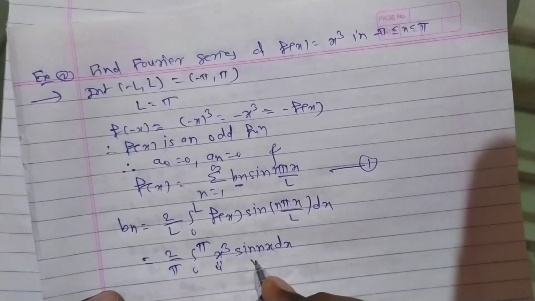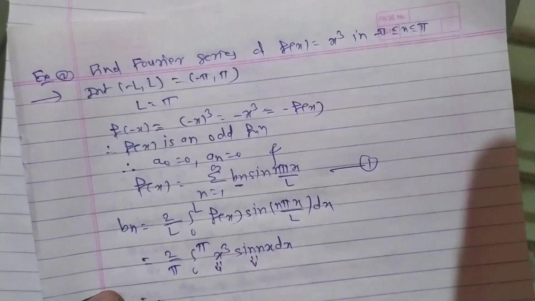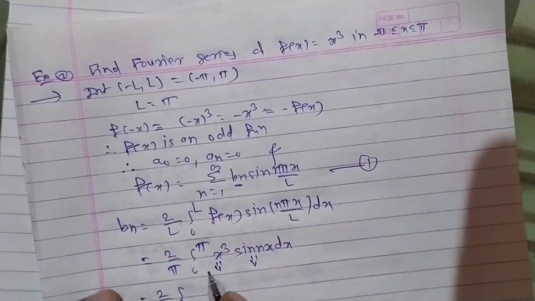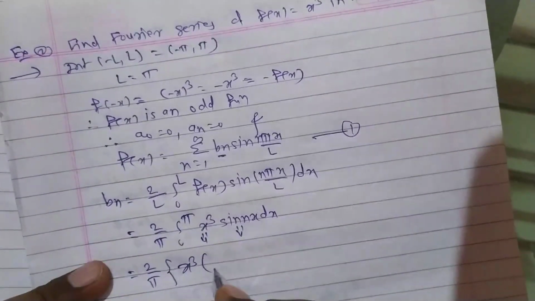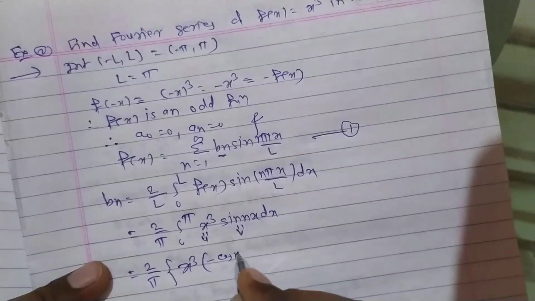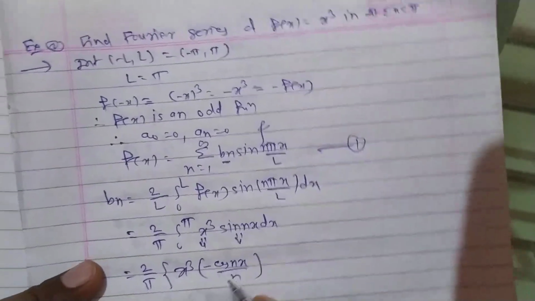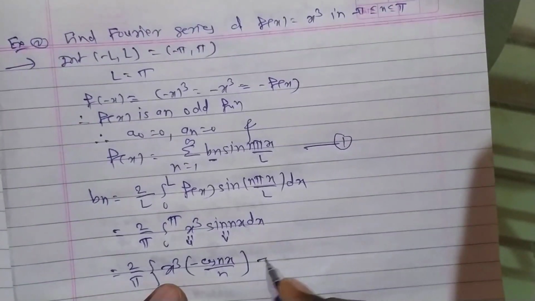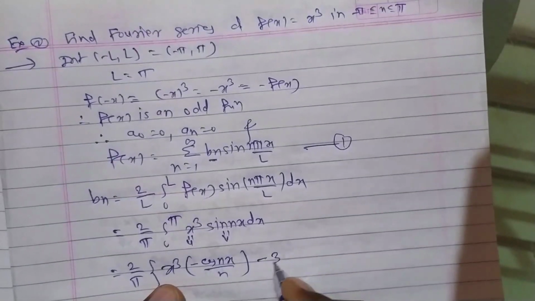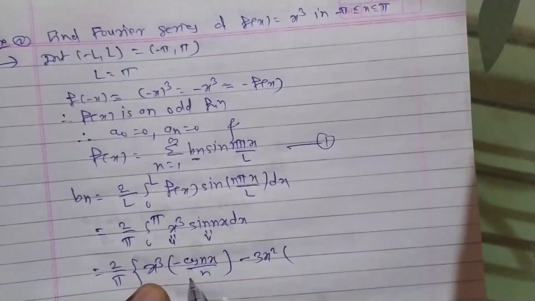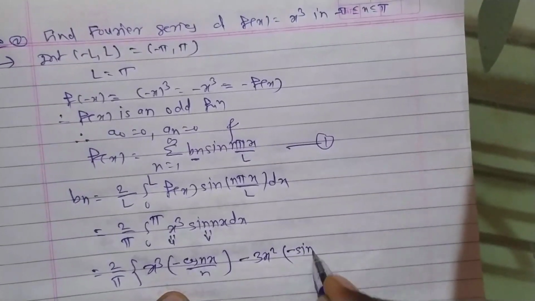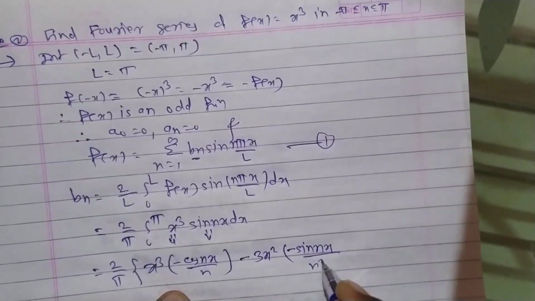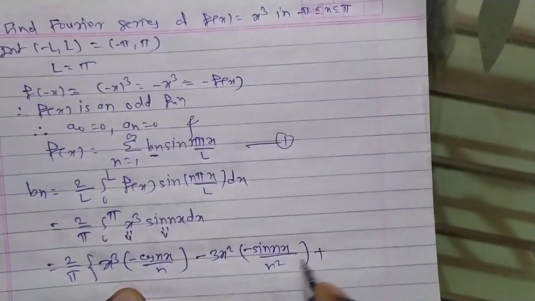Take u equal to x cube, v equal to sine nx, and use the generalized rule of integration by parts, that is u v1 minus u dash v2. So u is x cube into the integration of sine nx, which is minus cos nx upon n, minus the derivative of x cube, which is 3x square, into v2, the integration of minus cos nx, which is minus sine nx upon n into n square, plus signs are alternate.